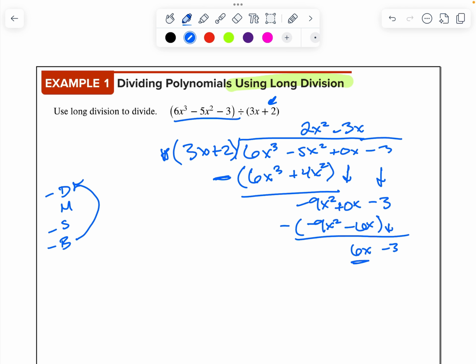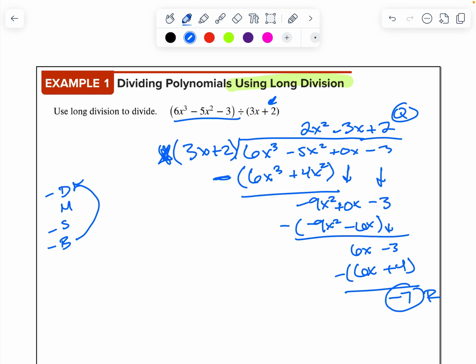One more time. We could divide 6x by 3x, and we'll end up with just a positive 2. I'm multiplying again. 2 times this entire thing on the outside would give me 6x plus 4. Subtract gives me negative 7. And since there's nothing left to bring down, that's my remainder.